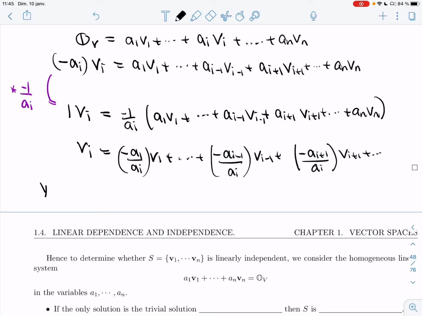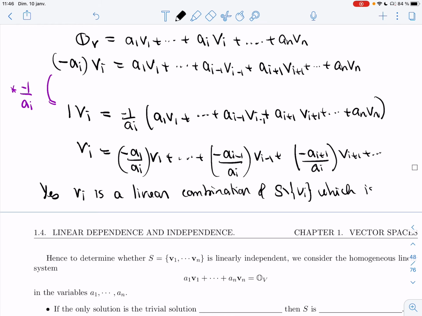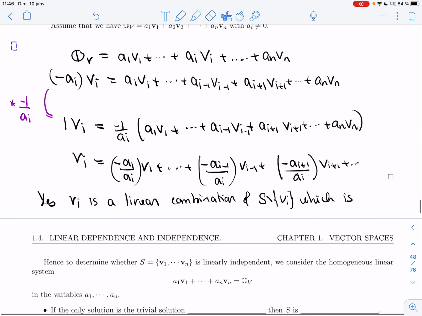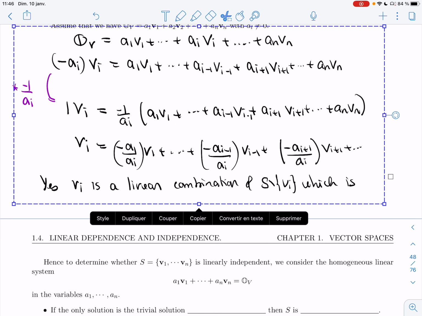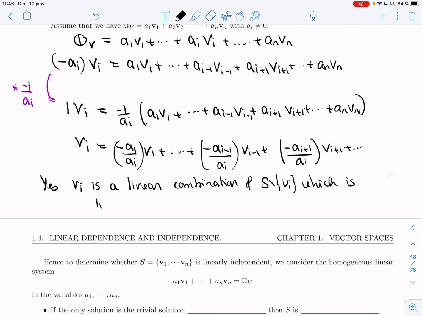And so yes, vi is a linear combination of the other ones, which is linearly dependent.